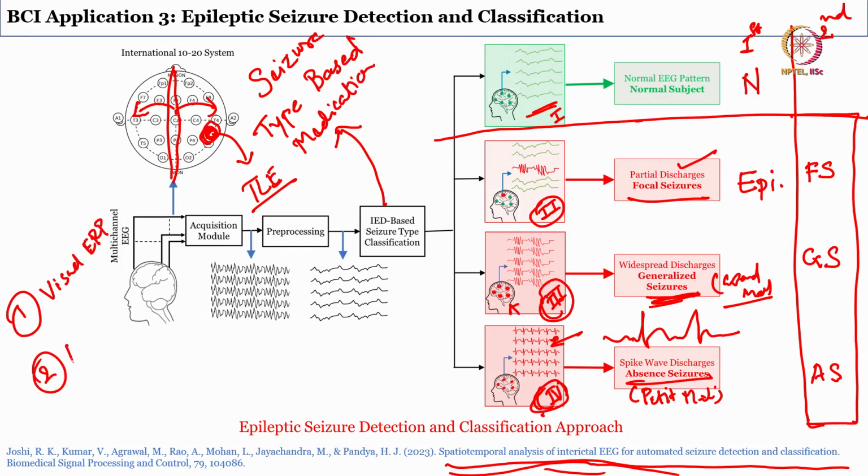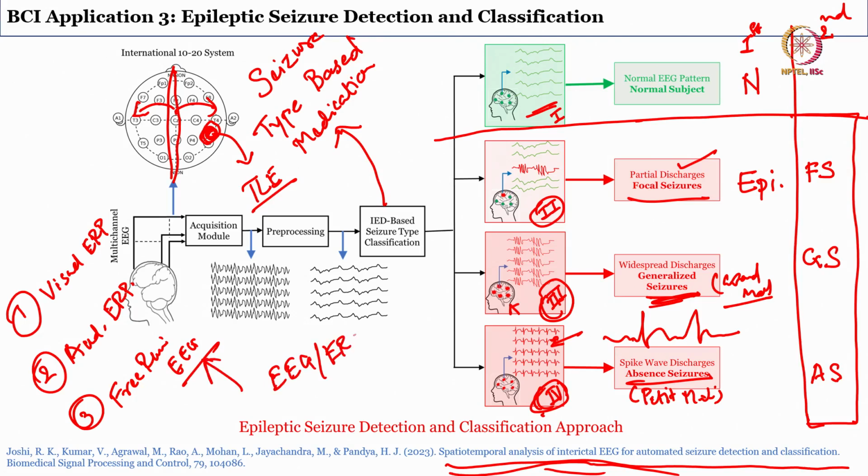Okay. So, again, in the first two examples we have seen, the first one was visual ERP, the second one was auditory ERP, the third one was free running EEG. So, the main point is, if you can record and interpret EEG and ERP, there are many applications you can build with one system.